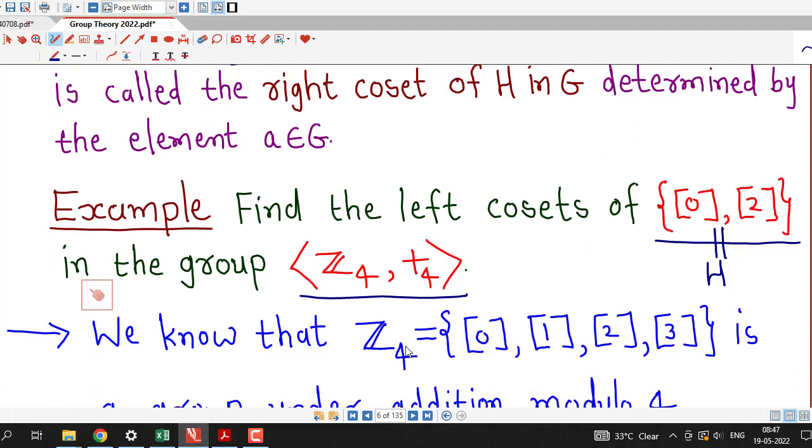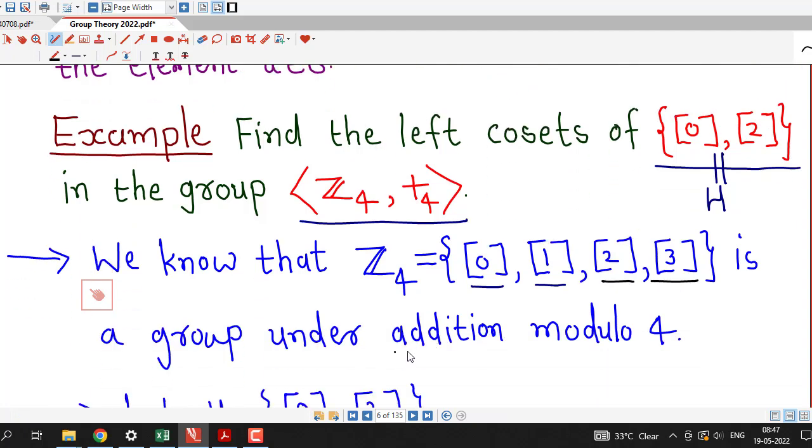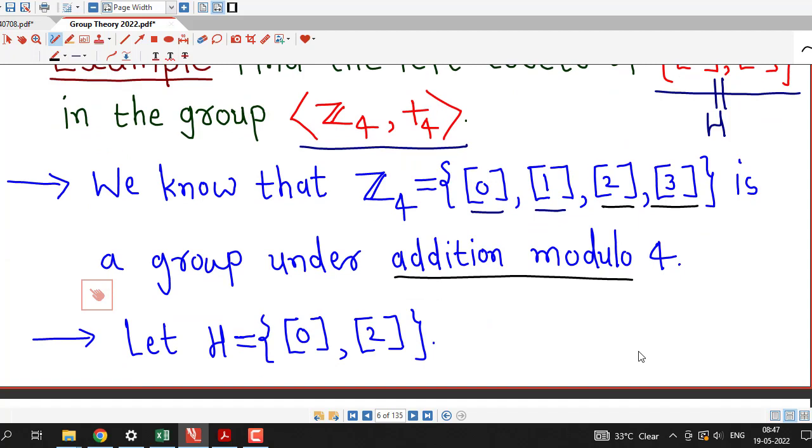We know that Z4 has 4 elements, 4 equivalence classes generated by 0, 1, 2 and 3, and this is a group under addition modulo 4, and H is given as this subgroup. They have considered these 2 elements, and this is our set H, and this is a subgroup of Z4 under addition modulo 4, but that we don't have to prove here.